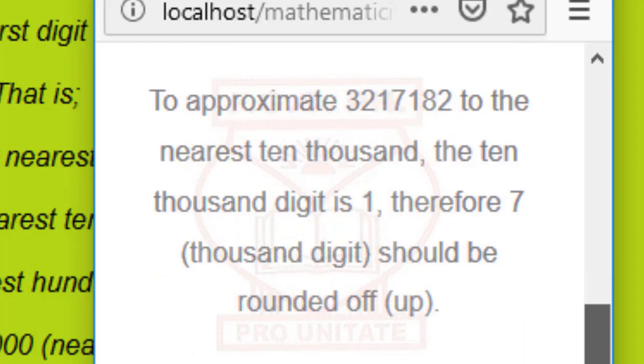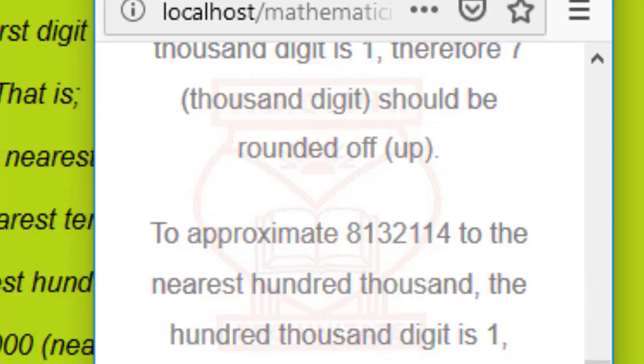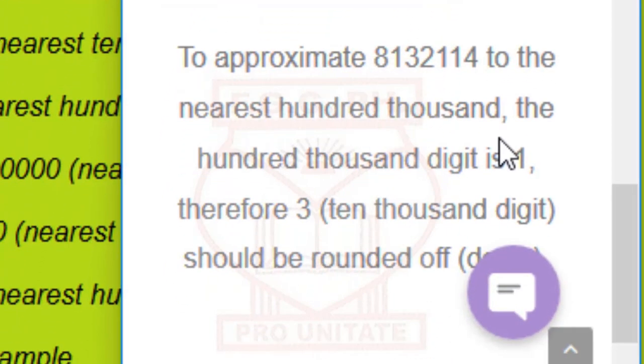And if we want to approximate any number to the nearest 100,000, we need to round off the 10,000 digit. So it goes like that every time you're told to approximate to the nearest anything. Just locate the digit of that thing and then round off the first digit after it to the right, and you'll be good.